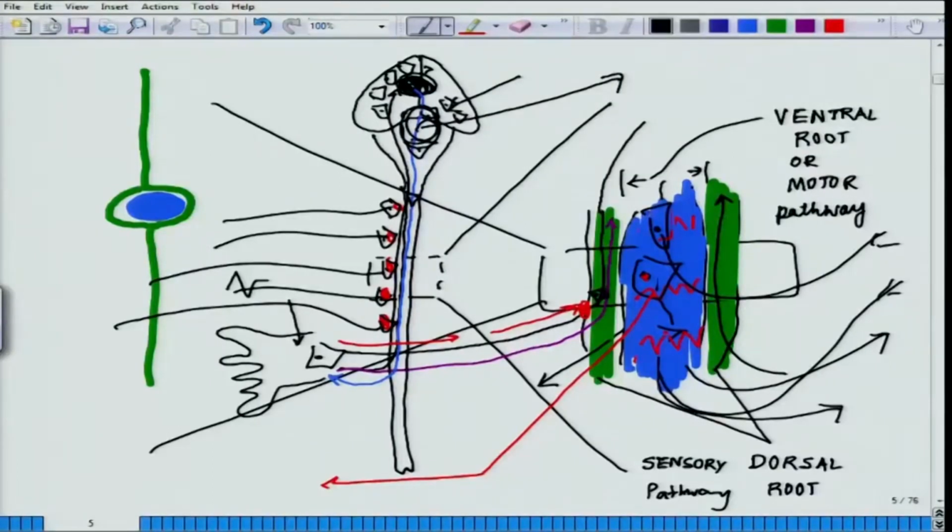So, we will discuss all these things, but you have to keep in mind the basic overall structural architecture of the nervous system, because that will be the key to understanding how these diseases actually affect us.